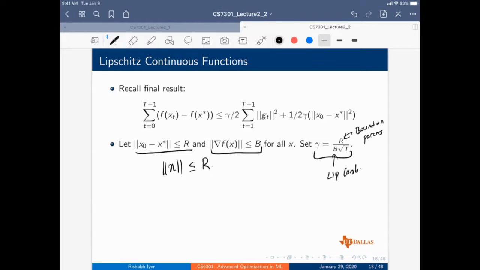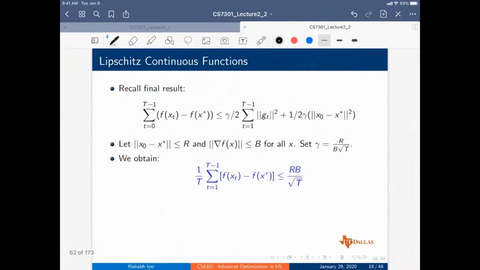Okay. So combining these two, what we will have is that the sum over t of f of xt minus f of x star is less than or equal to rb multiplied by square root t. Okay, so this is an average. So this bound is showing that the average over all iterations is bounded, right? But you can also do this over the min.